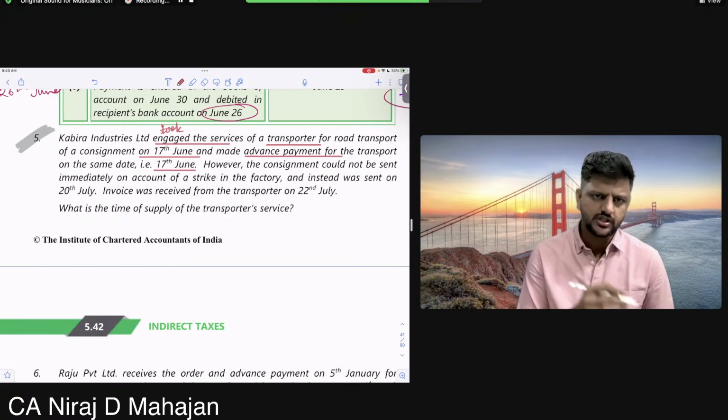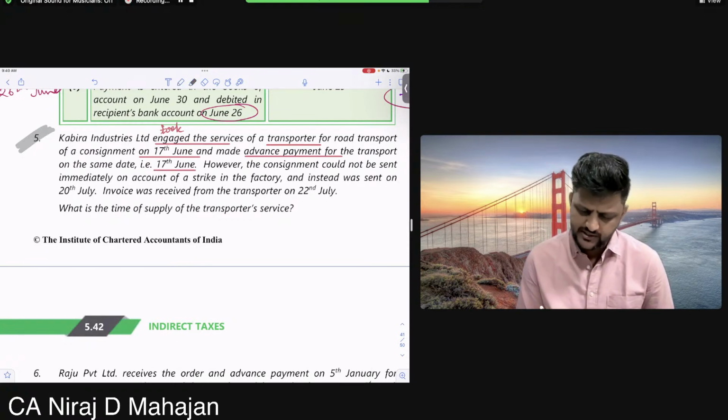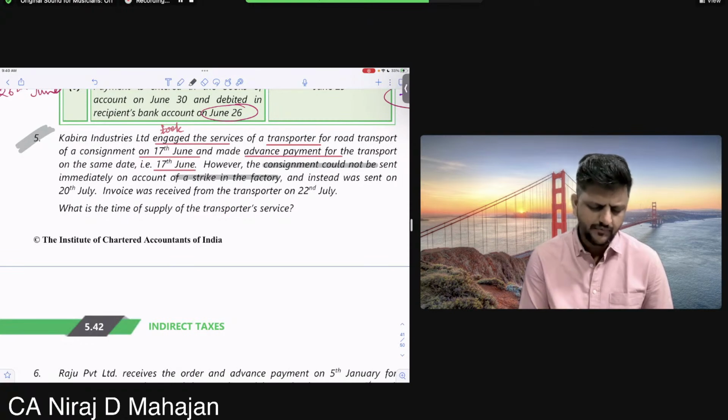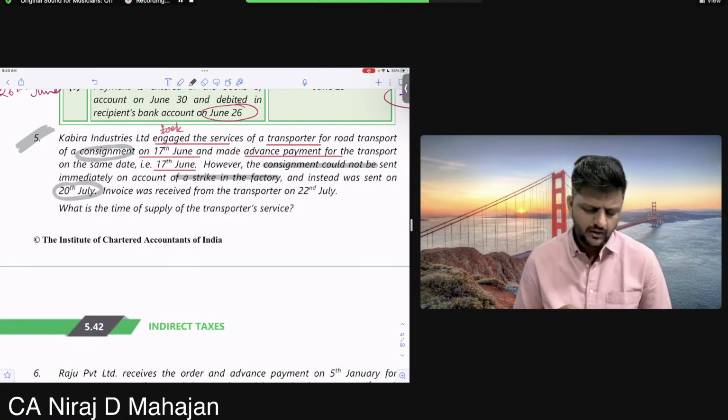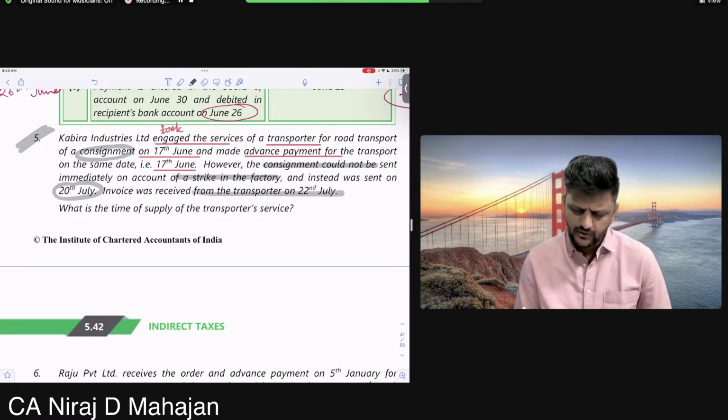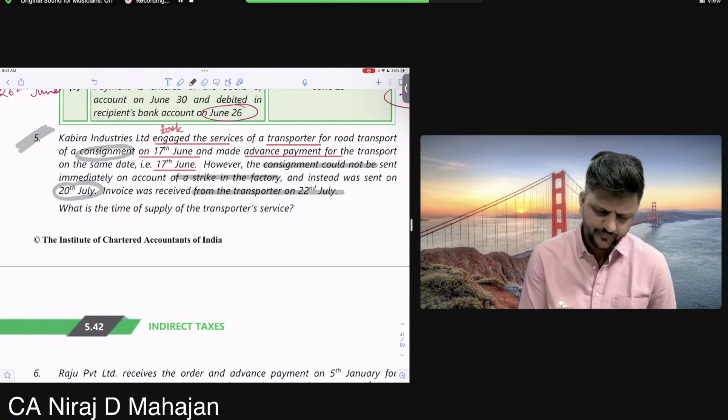Okay, they took the service on 17th June, payment also 17th June. However, the consignment could not be sent immediately because of a strike in the factory and instead was sent on 20th July. Okay, consignment means goods. Invoice was received from the transporter on 22nd July.